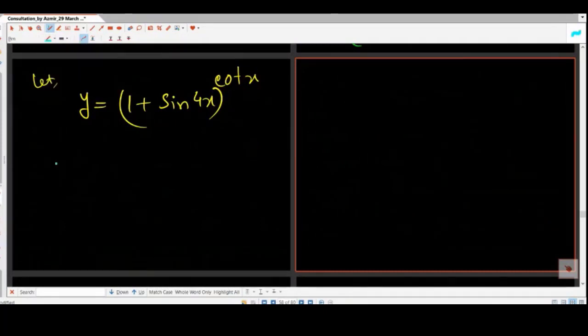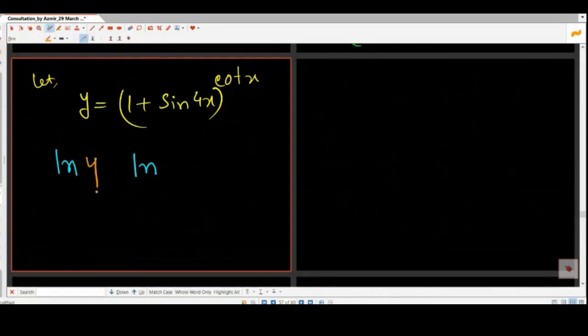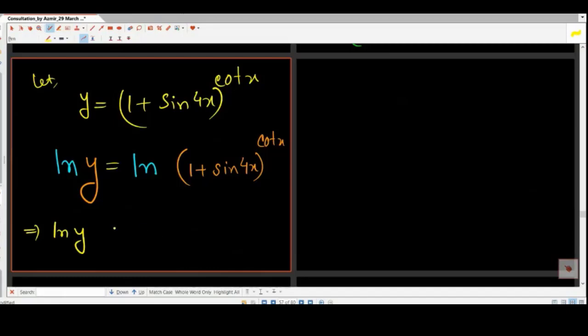Now we have to take the natural log of both sides. So natural log of y equals natural log of (1 plus sine of 4x) to the cotangent of x. On the left side we have natural log of y, and on the right side natural log of a power b, that is b natural log of a.